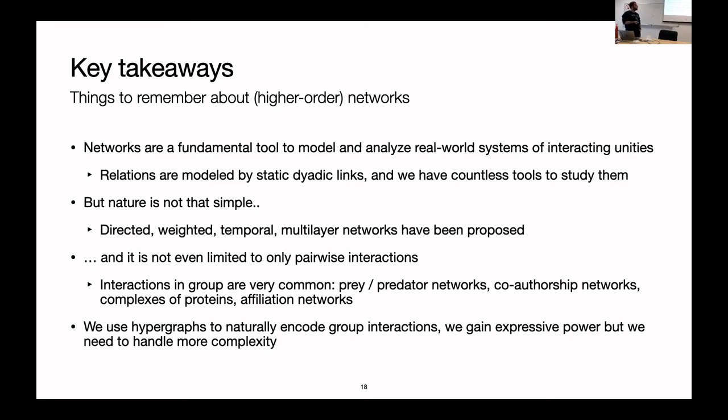We also have group interactions in nature, for example, predator-prey networks, co-authorship networks, protein complexes, and affiliation networks. These group interactions can be naturally encoded into hypergraphs, and we gain a lot of expressive power by using hypergraphs. But of course, we pay the price of needing to handle more complexity. So our algorithms tend to be slow, tend to be more complex, and also the mathematics tends to be more complex.